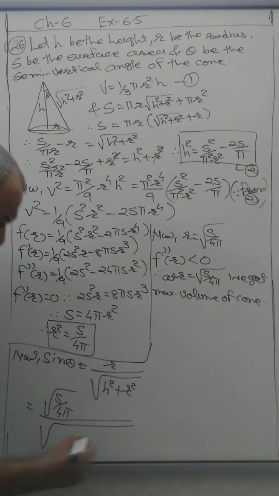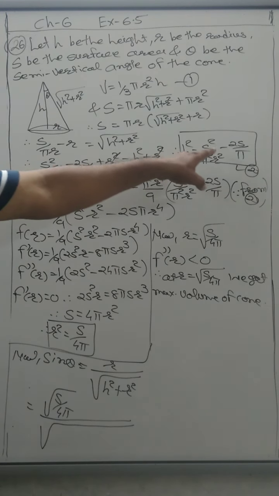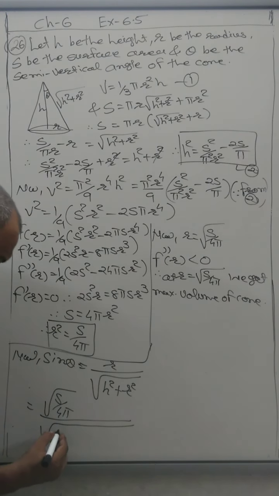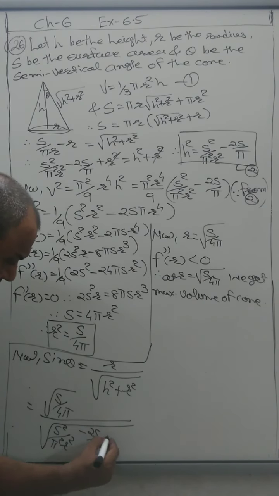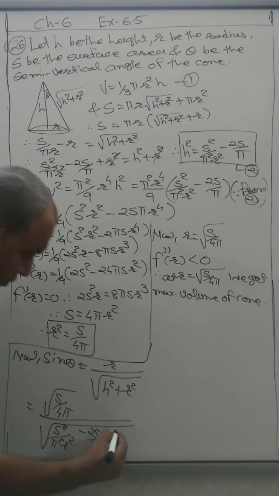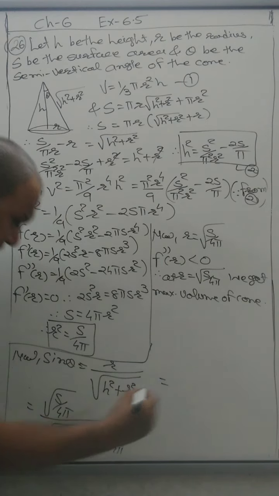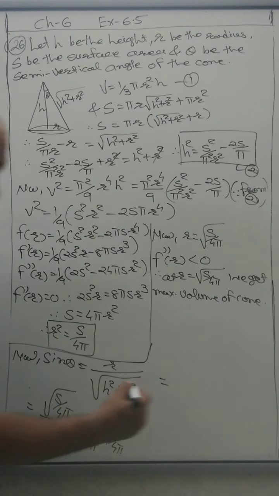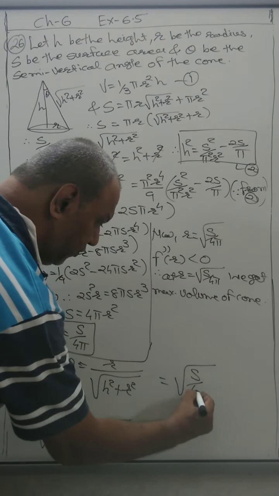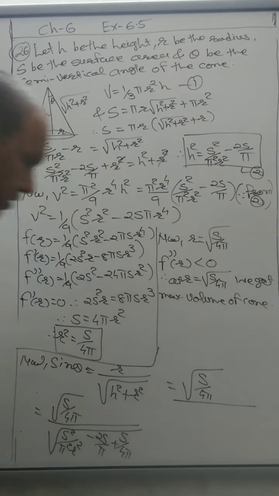Root x square is also given here, so we directly put s square upon pi square r square minus 2s upon pi plus r square, where r square is s upon 4 pi. Now we just simplify it and we get our answer.